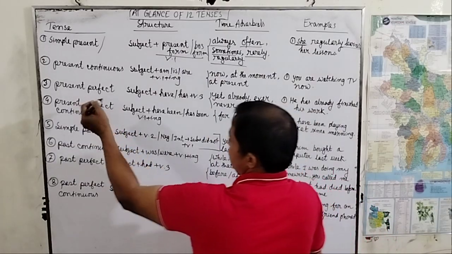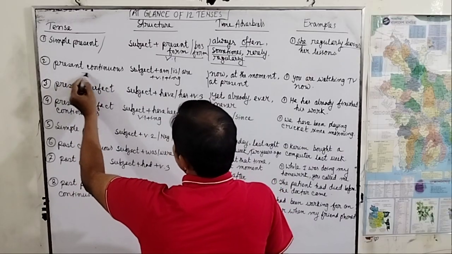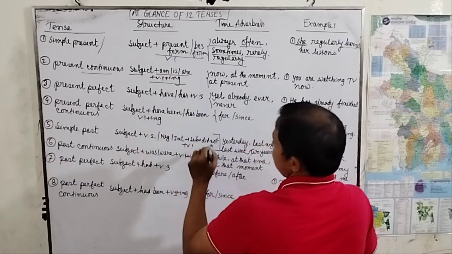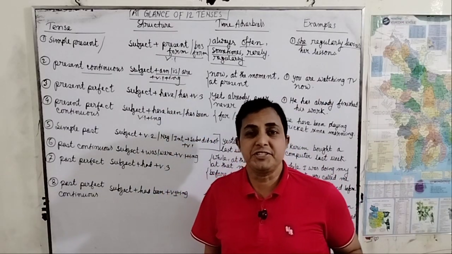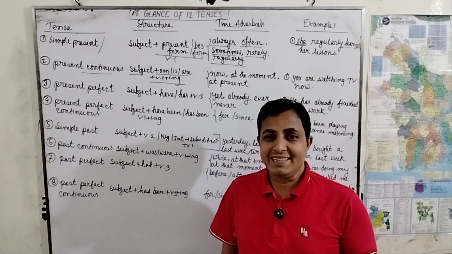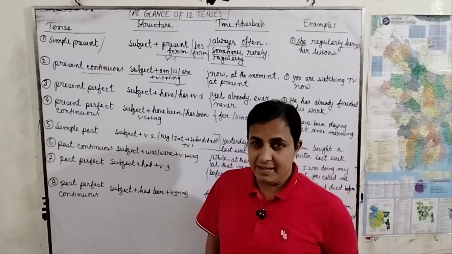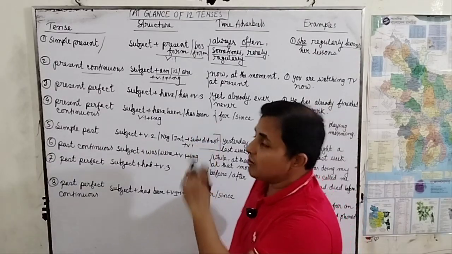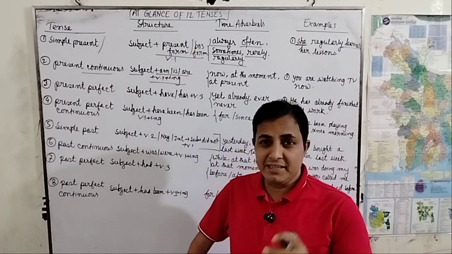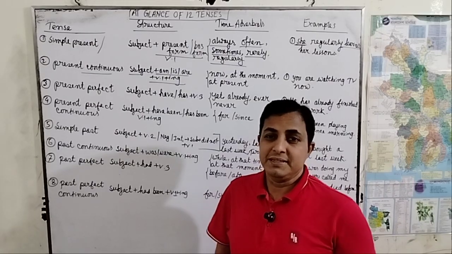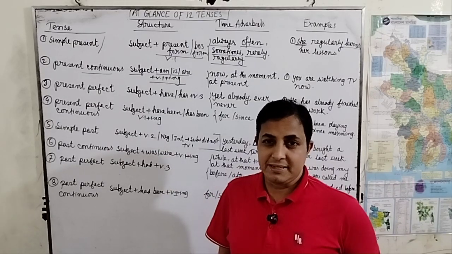Okay, now I'm going to explain present continuous. Subject plus am/is/are plus V1 plus ing. That means present participle: present form, then you add ing. Mind it, according to the subject you have to use the auxiliary verb: am, is, are. Every auxiliary verb must not be used with every subject.